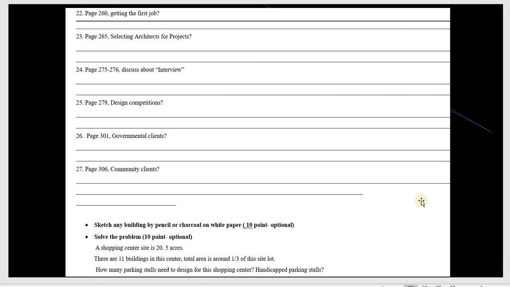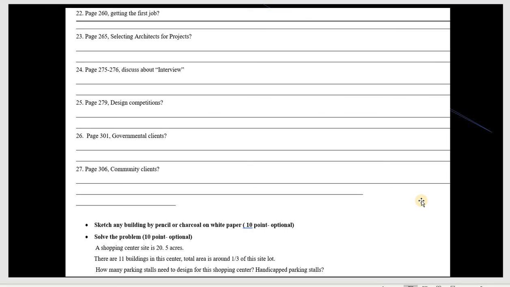You can use art paper or white paper, and use the pencil to sketch. Remember, a sketch is something you do very fast. Just think about the idea and sketch it out. You don't need to measure dimensions or do the detail. I just need to see your sketch of one building you like.